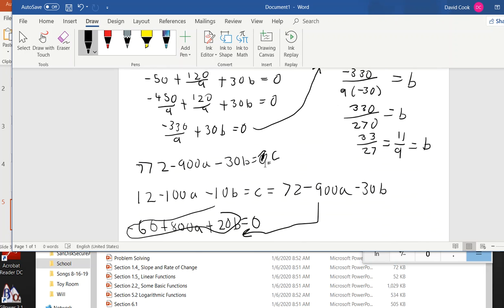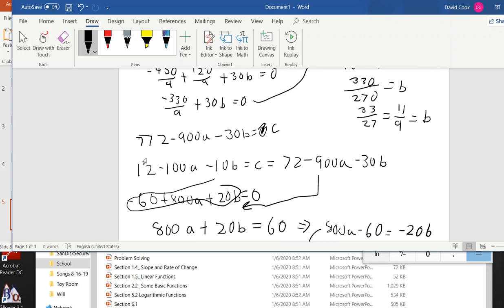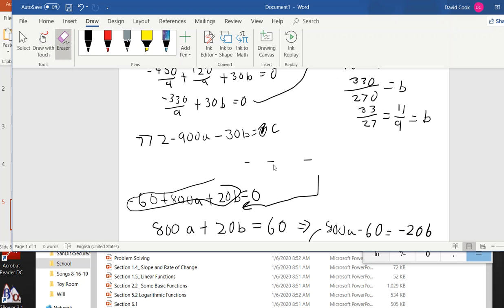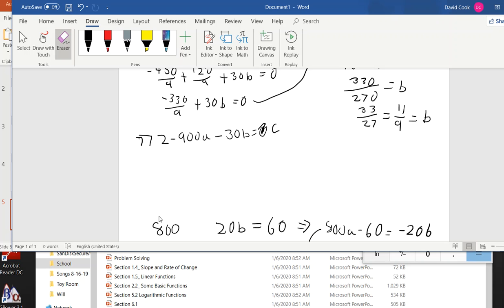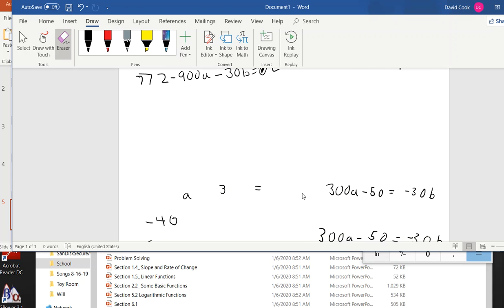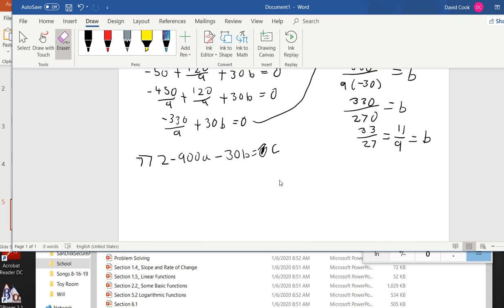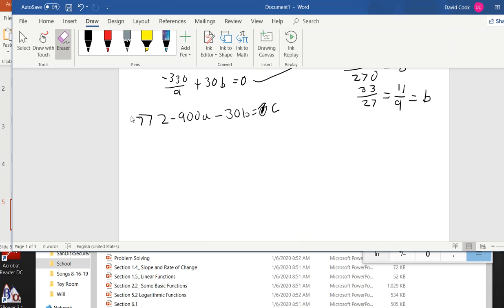Now finally, let's find C. I have an equation for C right here. Let me erase all of this information, and I'm going to use that equation to find C. Let me rewrite this equation.